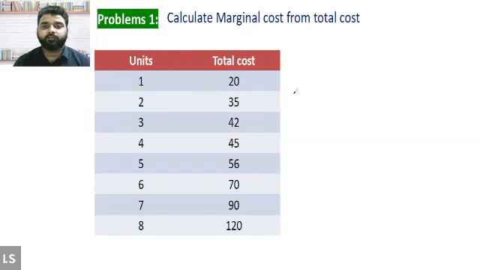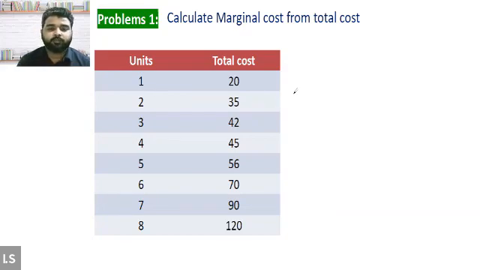All right. Can you just tell me the marginal cost in this question? Sir, the first one will be 20. Second one, you won't be able to calculate marginal cost at the first unit. Yeah, because in order to calculate marginal cost at the first unit, we must have total cost at the 0 unit as well.